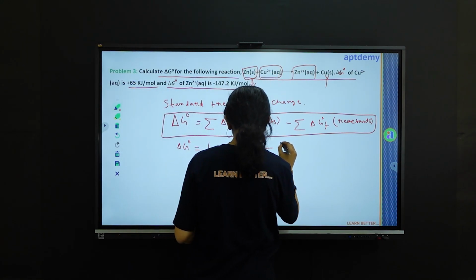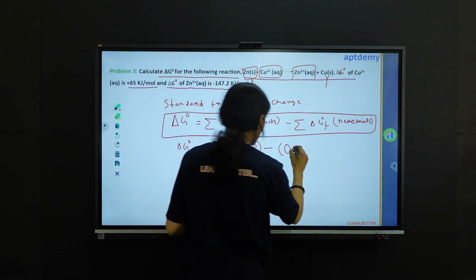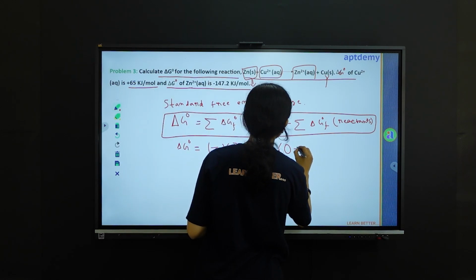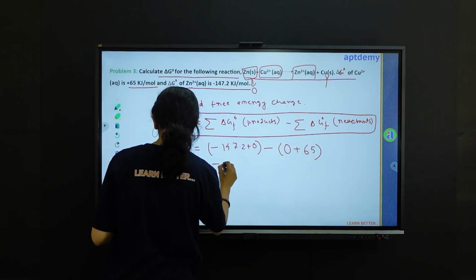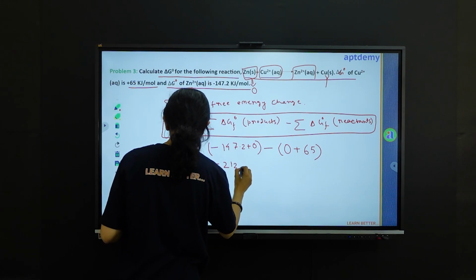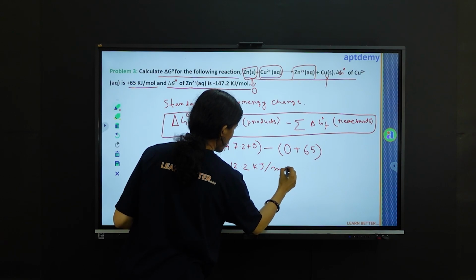So 0 for Zn in solid form and 65 for Cu²⁺ is given. If you finally solve, you will get minus 212.2 kilojoule per mole.